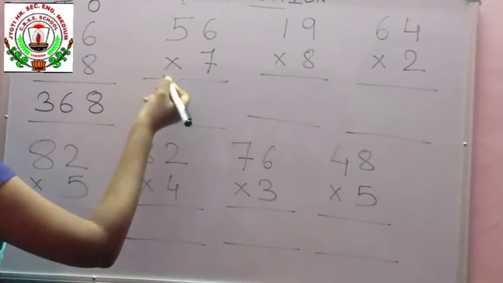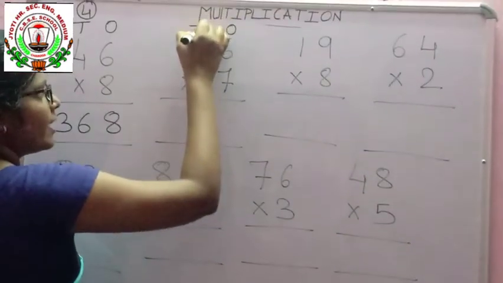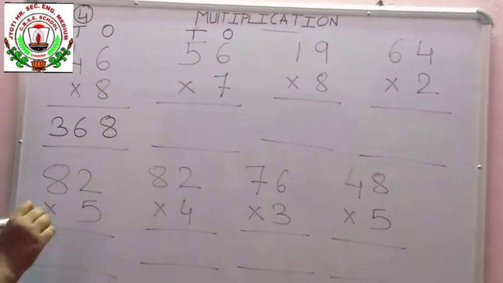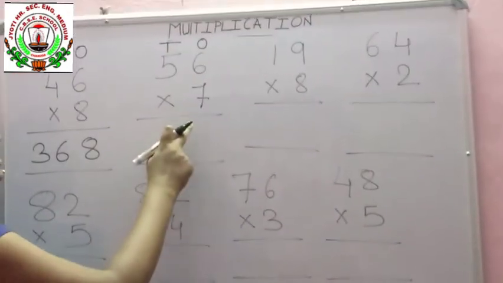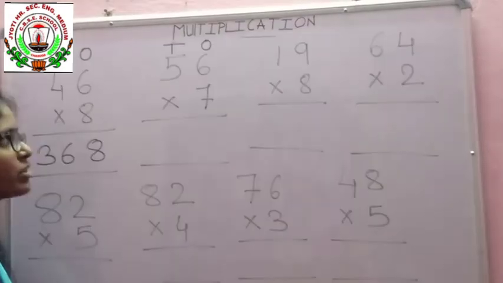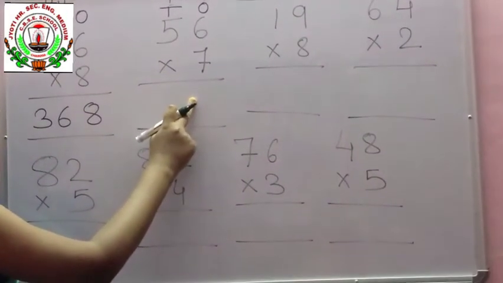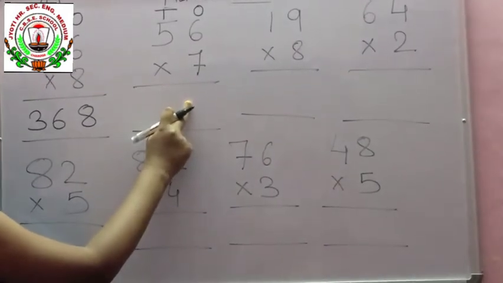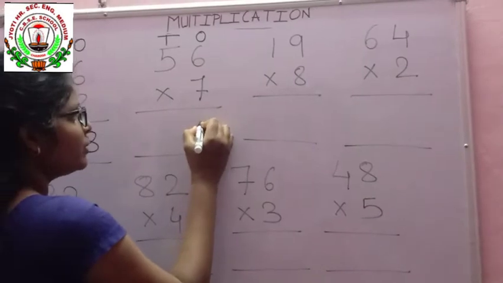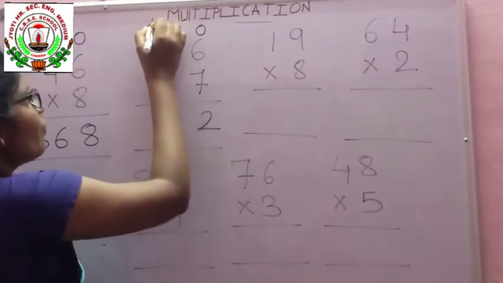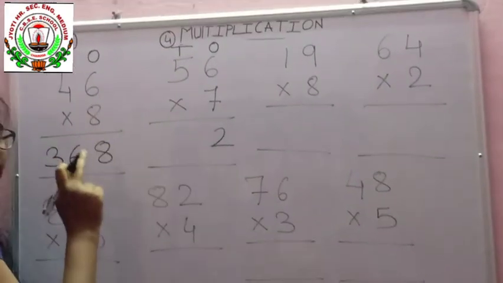56 into 7. 6 is at ones place and 5 is at tens place. So 7 into 6. Now 7 ones are 7, 7 twos are 14, 7 threes are 21, 7 fours are 28, 7 fives are 35, 7 sixes are 42. So we write 2 here and 4 will go to the tens place as our carryover.